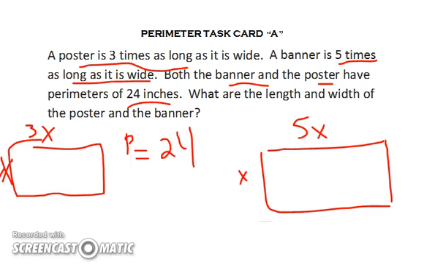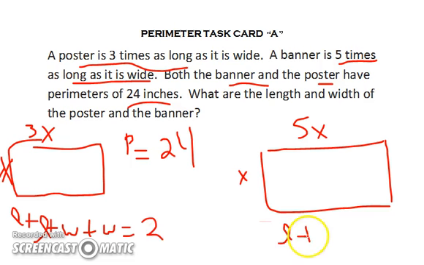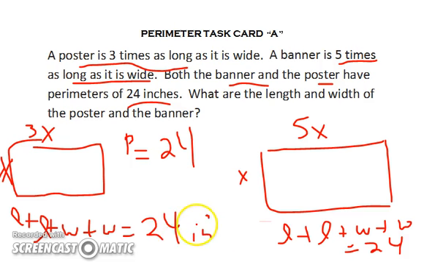So we're trying to find the length and the width. If I know length plus width equals 24, and this one has also 24, we're going to see 24 inches, and this is 24 inches. We will have to do some guess and check to see what will work.